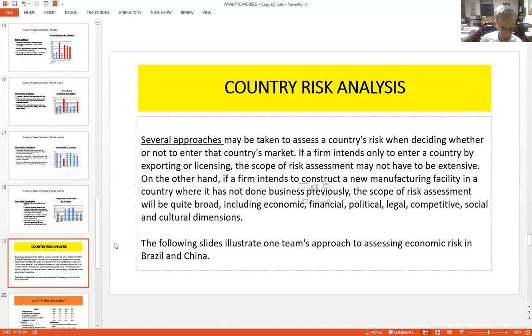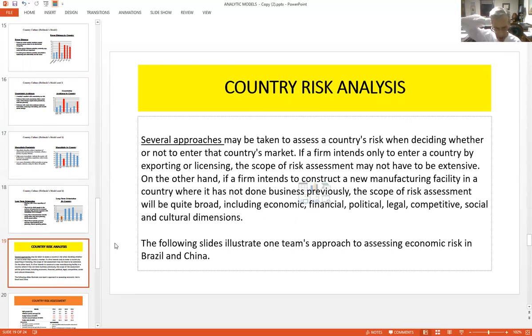Okay, I think this is the final one, and it's country risk approach or risk analysis. And this might have been put all the way at the beginning because it's most useful in deciding whether to move into another country.